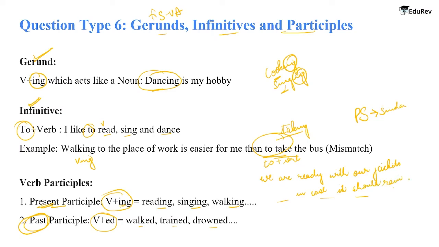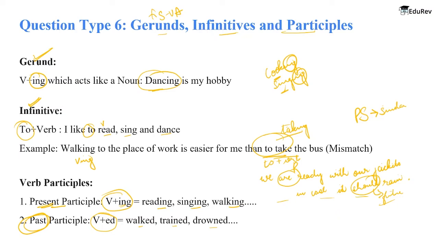Now, is it a correct statement? No, it is not. Because here I am writing we are, which means we are talking in the present, and with our jackets in case it should rain, should is in the future tense. So is it the right statement? No, it would be we are ready with our jackets in case it rains.